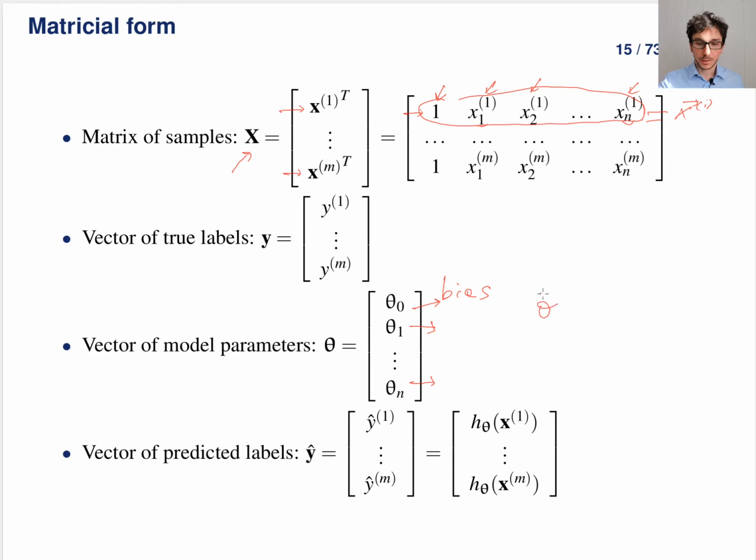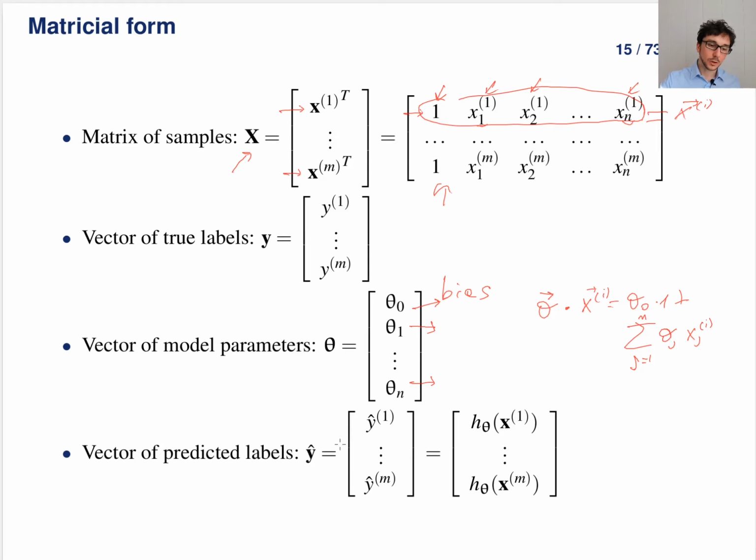So when we multiply the vector of parameters by the vector of features of a sample i, we have theta 0 multiplied by 1 because we added the 1, plus the sum from feature 1 to feature n of theta j multiplied by the j-th feature of sample i.